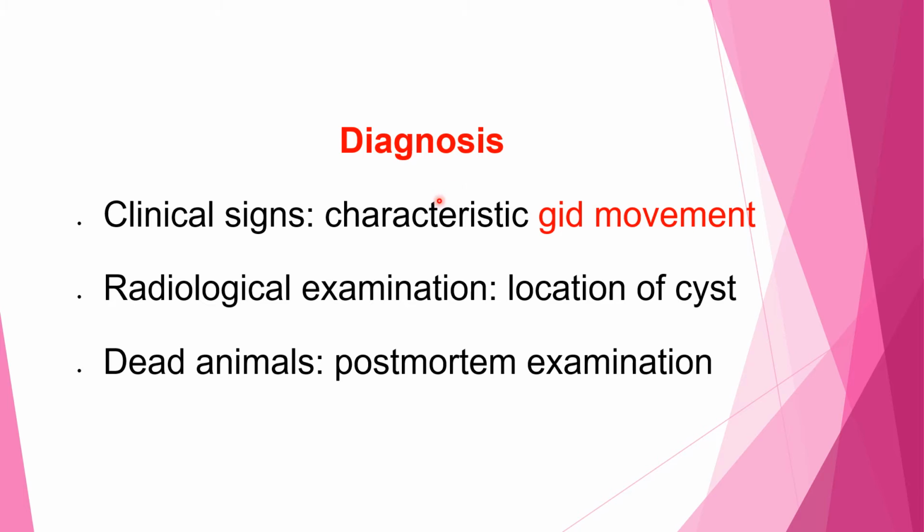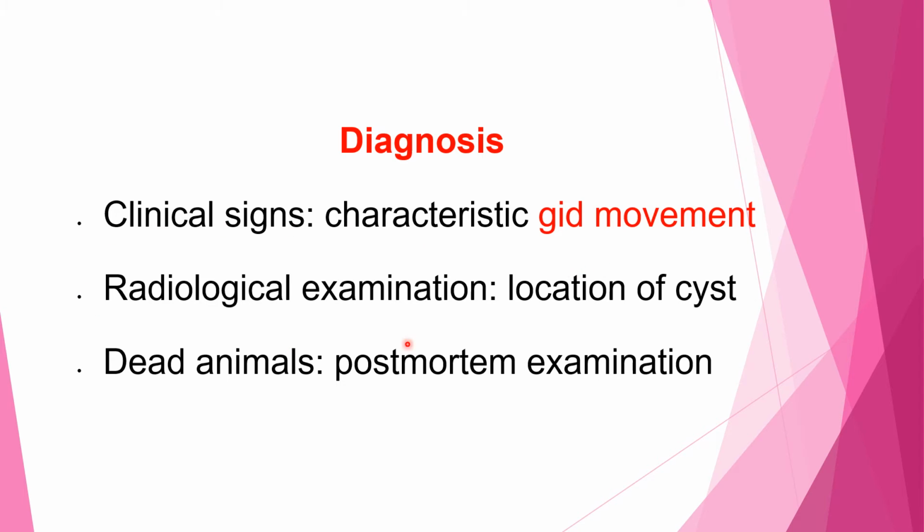Diagnosis: clinical signs. We have already seen the clinical signs and characteristic gait movement, with various types of symptoms: the tilting of the head, the movement of the head, the blindness of the eye, and the way the animal moves. The clinician can diagnose the site of the cyst in the brain.